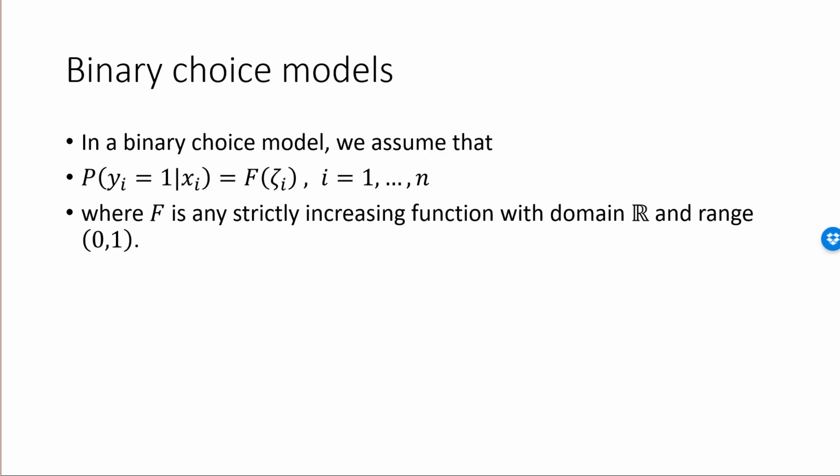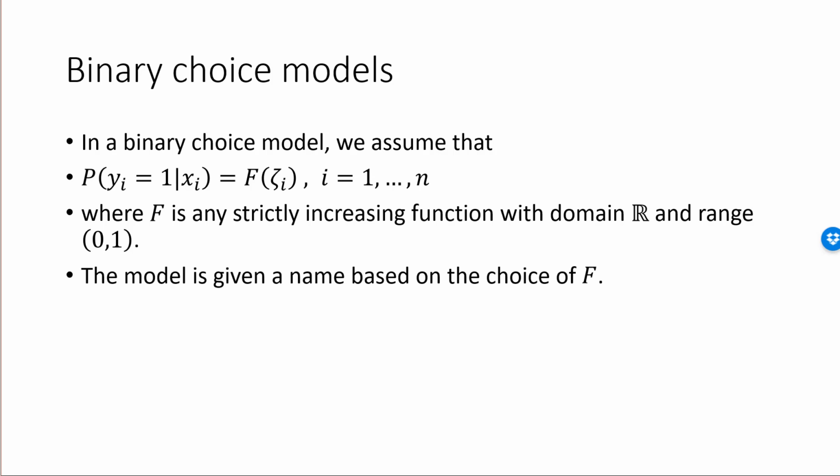And like we said, there are actually many choices of such a function. The function must have as a domain all of the real numbers, and it must have as its codomain or range the open interval 0 to 1. So you can think of binary choice models as a whole class of models, and what separates them is simply the choice for f.